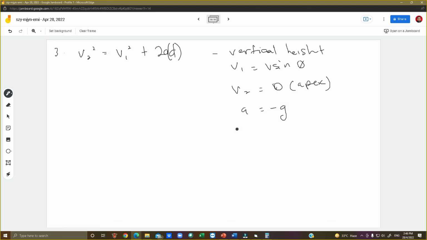These are the three things you must remember, because whenever you try to solve a problem for projectile equations, these are the three equations that will be used most of the time.